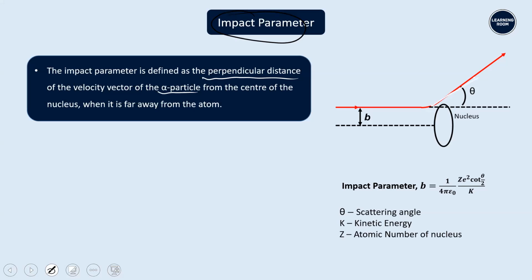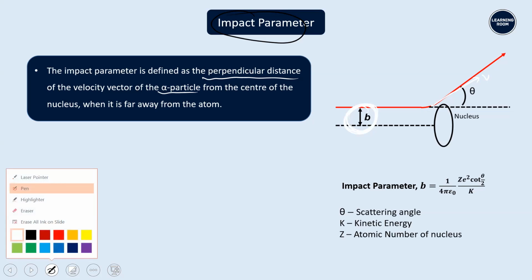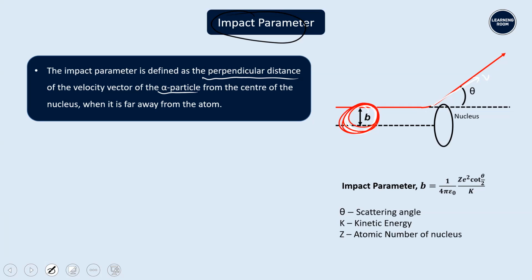This is called the impact parameter. Clear?